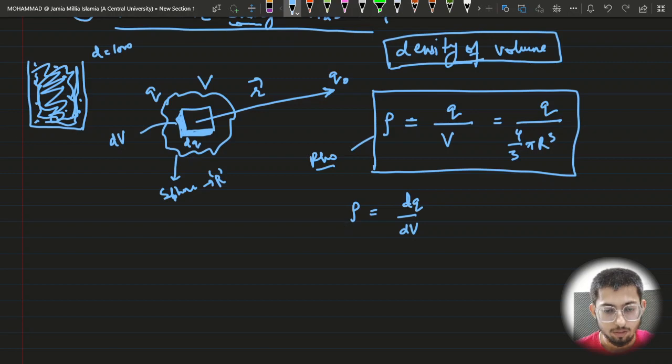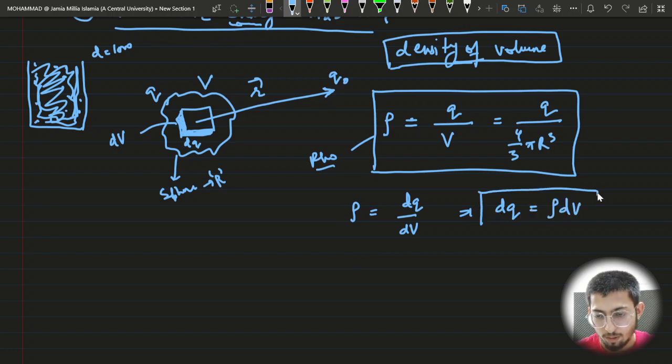Now if you cross multiply this, what you will get is dq is equal to rho times dv. Let's say it is equation first.